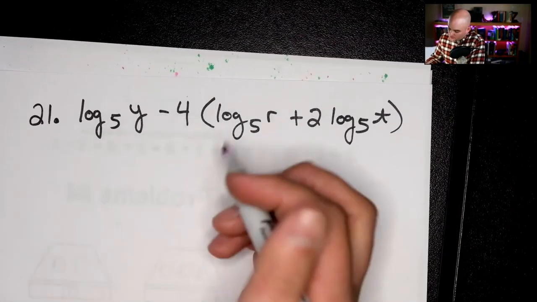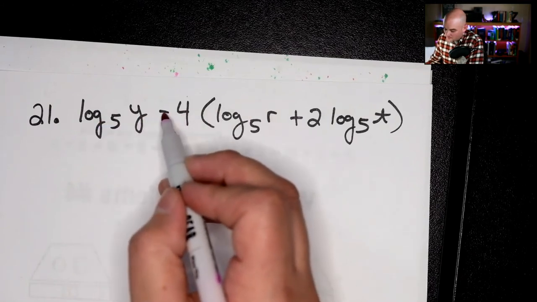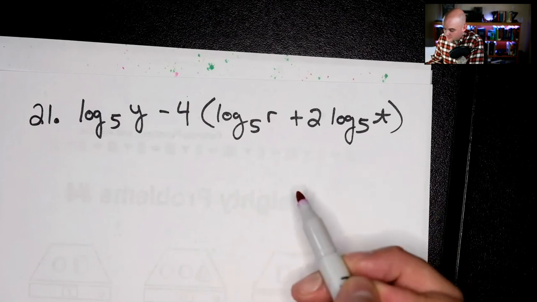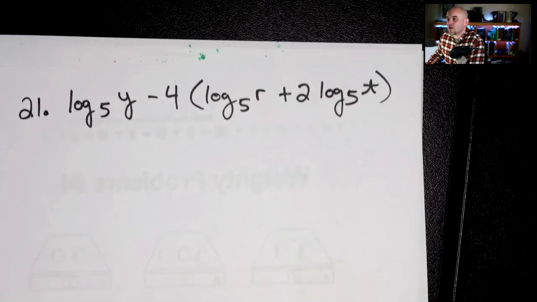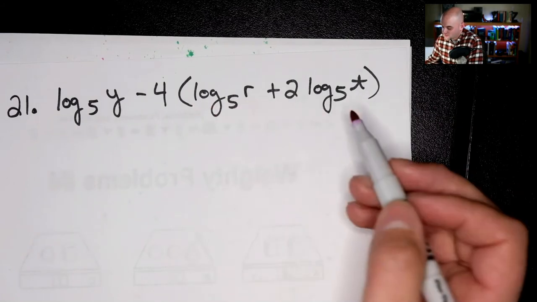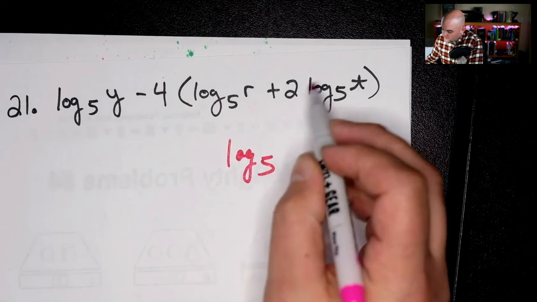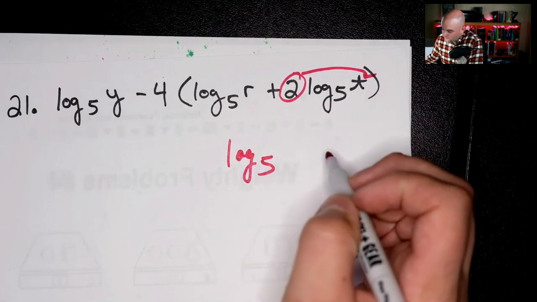For number 21, let's see what we've got going on. We've got this log base 5 of y minus 4 times this mess. Well, once again, I'm going to go through and just combine what's in the parentheses first because I can. And so we've got log base 5, and don't forget that needs to get moved up top.